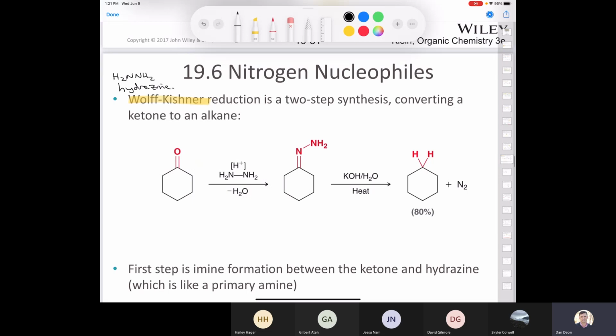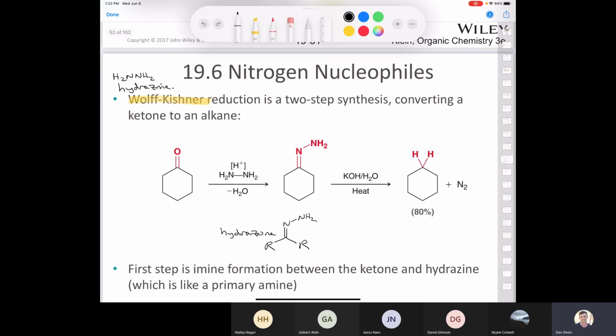Then you make a new functional group. When we have a nitrogen like this, we call this a hydrazone. So you go from a ketone to a hydrazone. So this is a hydrazone on that cyclohexane ring.